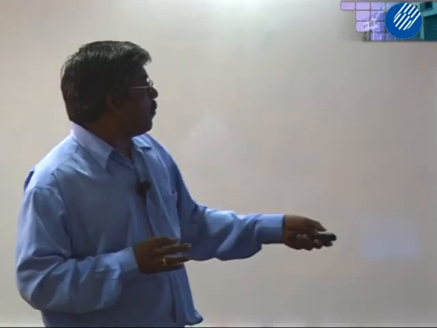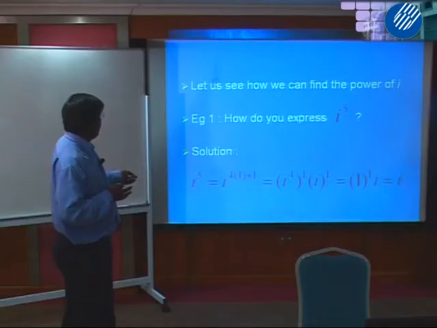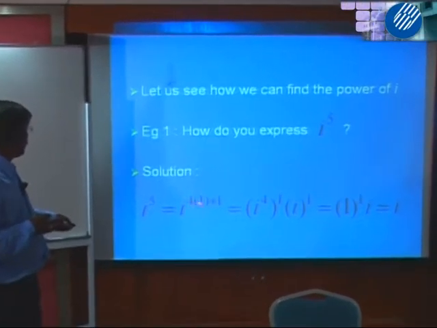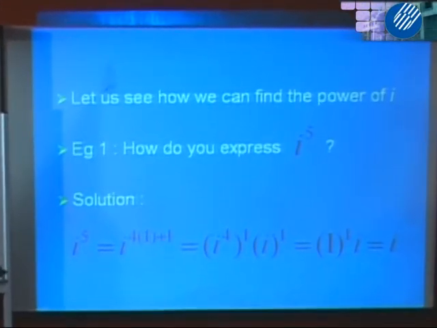If it is i power 5, then we can write i power 5 as i power 4 times 1 plus 1. The reason why I have taken 4 is that we know i power 4 is the largest value, and in any case we are going to make use of division by 4 for any number. So i power 4 times 1 plus 1 will give you the value 5.